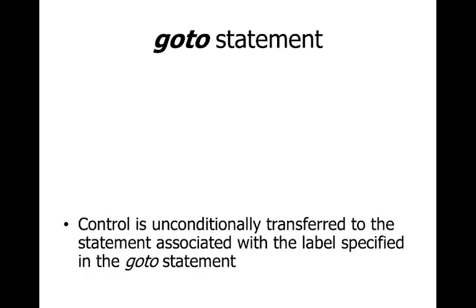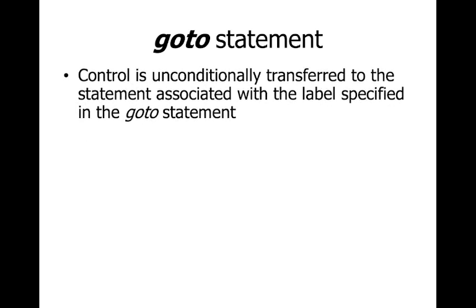Here the control is unconditionally transferred to the statement associated with the label specified in the goto statement. So we can transfer to any part of the program. Even if it is going in a sequence, and I insert a goto statement in between, I will give a label, like in the case statement we used to give 1, 2, 3.